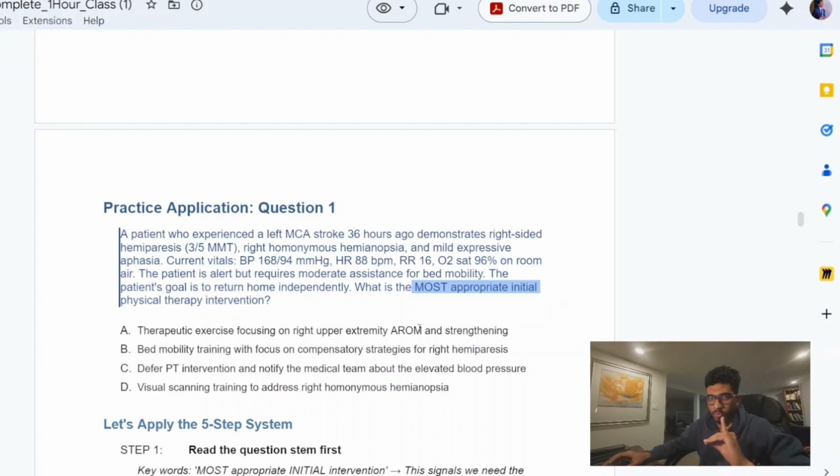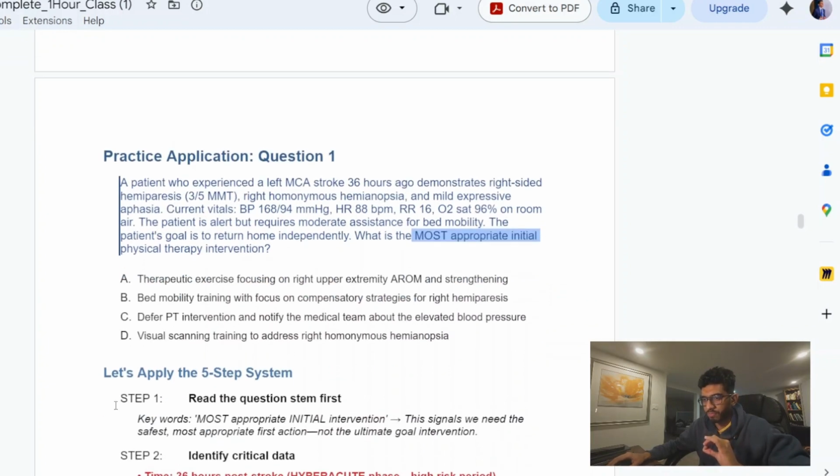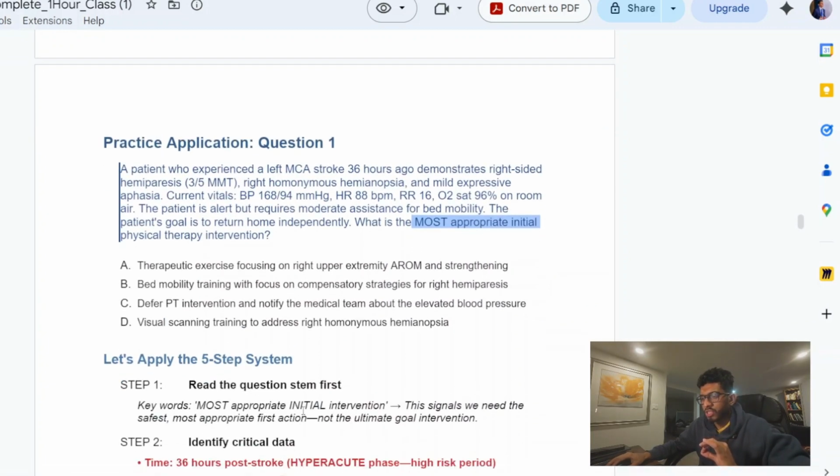So the keywords most appropriate initial intervention signal that we need the safest and most appropriate first action, not the ultimate goal intervention, right? So you need to look at what is the first stage of intervention that you're going to choose, not the last.